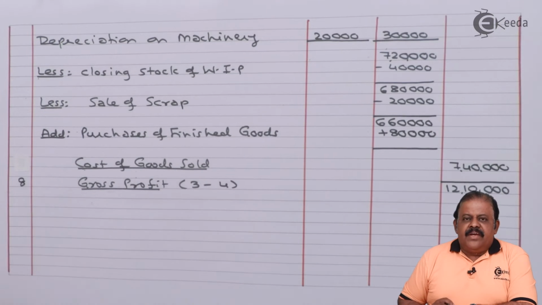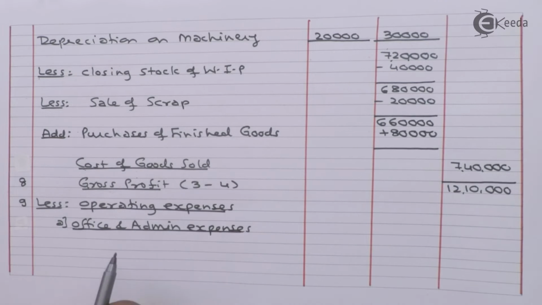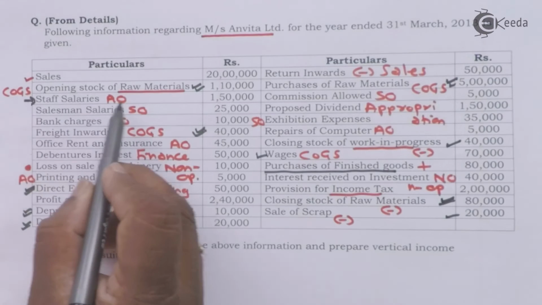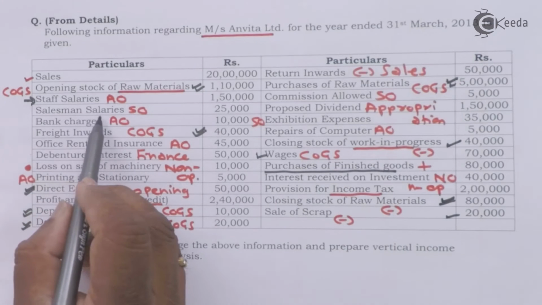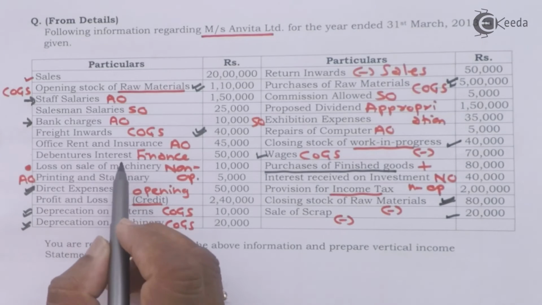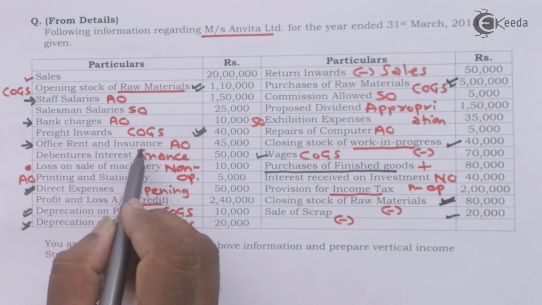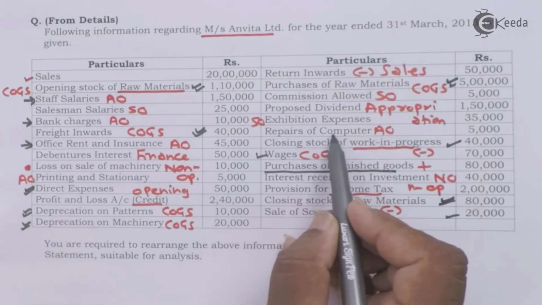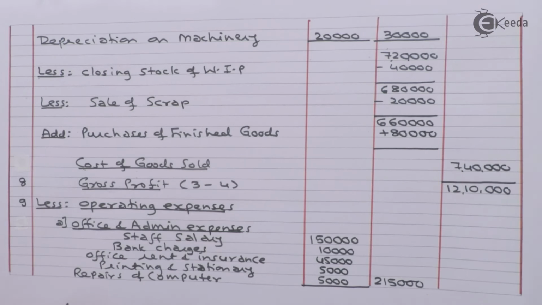From gross profit we are required to deduct operating expenses. In operating expenses, first we have office and administration expenses: staff salaries, bank charges, office rent and insurance, repairs of computer. Total office and administration expenses 2,15,000.